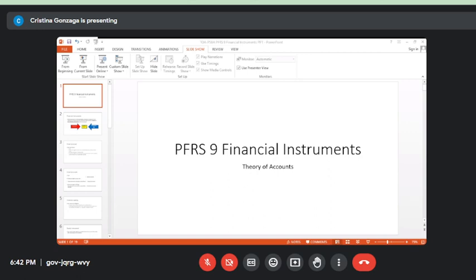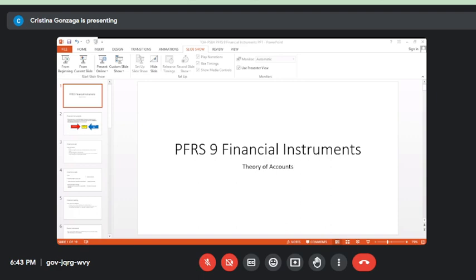Okay. Now, in classifying financial assets, there are two types of tests. Namely, the cash flow characteristic test, or SPPI test. Okay? So, what do you mean by SPPI test?